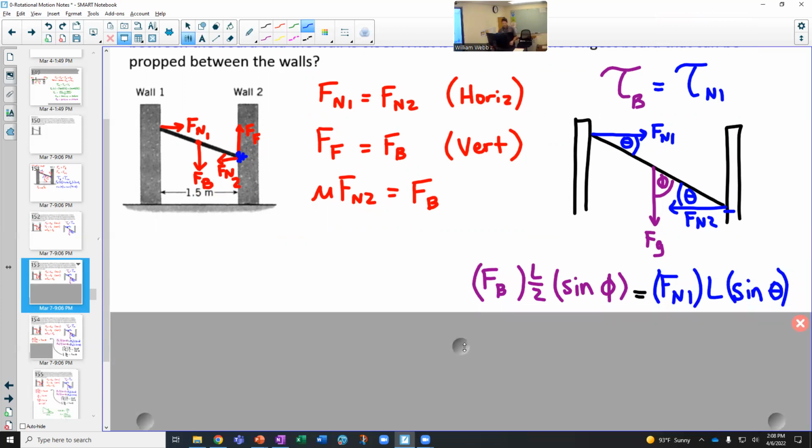We've got the board's force or weight times half the length times sine of whatever that angle is. I just made a different symbol, phi. I could have done theta 1, theta 2, or theta and 90 minus theta. I could write it however I want. I could do theta and cucumber, whatever. I'm just using a variable, right? I can make it whatever I want. But I know they're complementary. And then the other normal force times length times sine of the theta angle, that's the same for both normal forces.